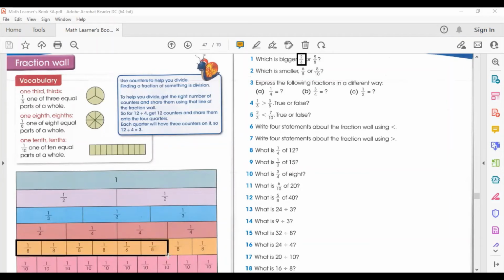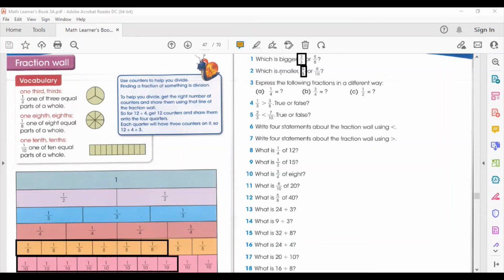The 6 by 8 goes until here, and 8 by 10: 1, 2, 3, 4, 5, 6, 7, 8. Obviously, which is smaller? This one is smaller. 6 by 8 is smaller than 8 by 10. Like this, it's easy with the fraction wall.